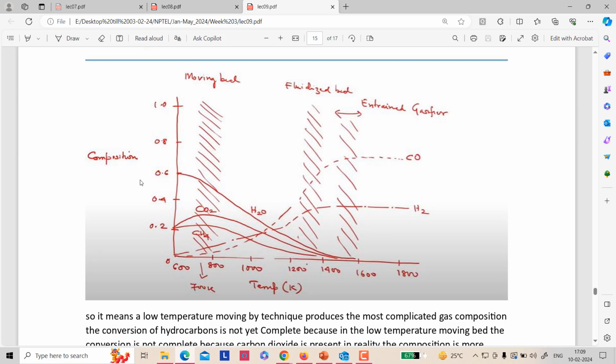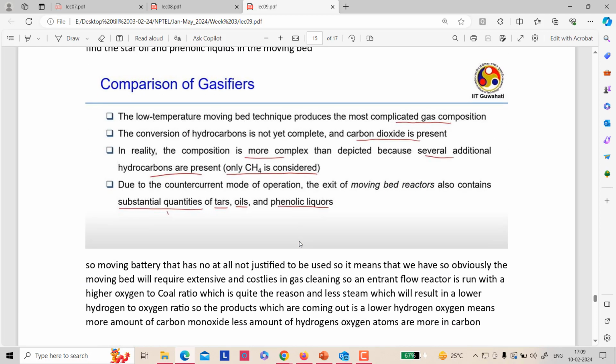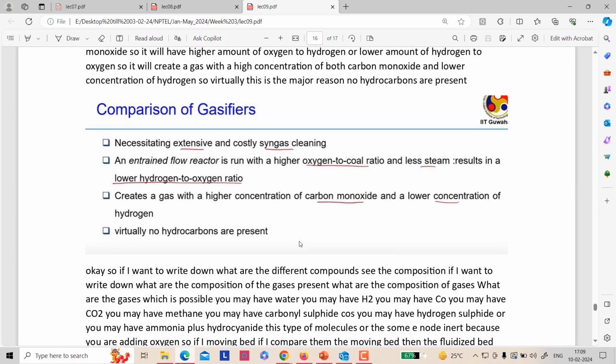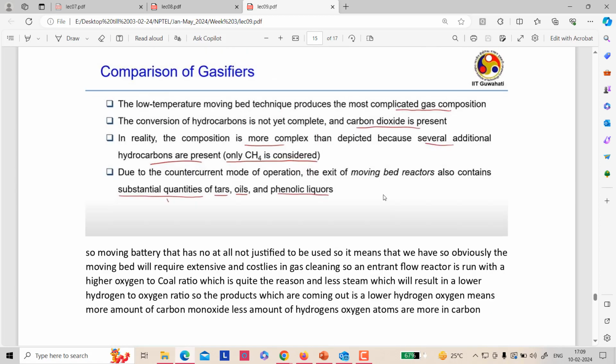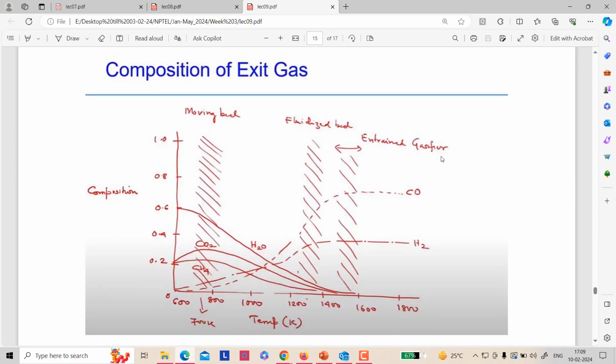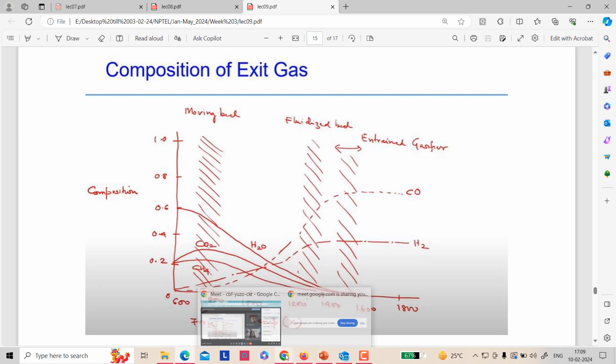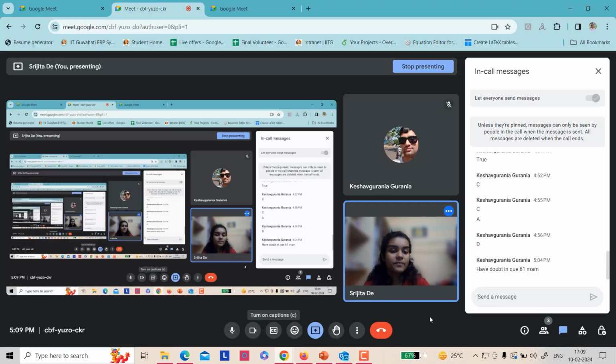That is why, if we compare the hydrogen to oxygen ratio, it will be less in case of the entrained gasifier, because the production of hydrogen is less than the production of carbon monoxide. Okay, so this is the answer to your question.